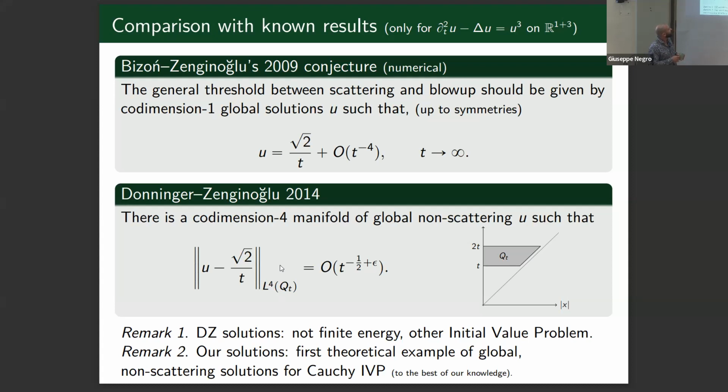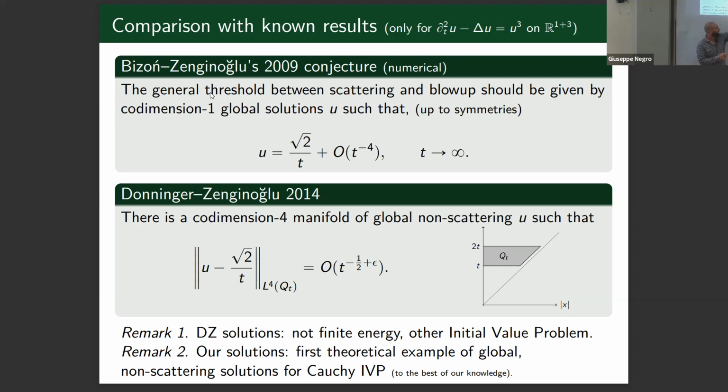But it is relatively recent that people have been asking about this threshold. Threshold means this intuition I said: small is scattering, whatever that means; big is blow up, whatever that means. What's in the middle?